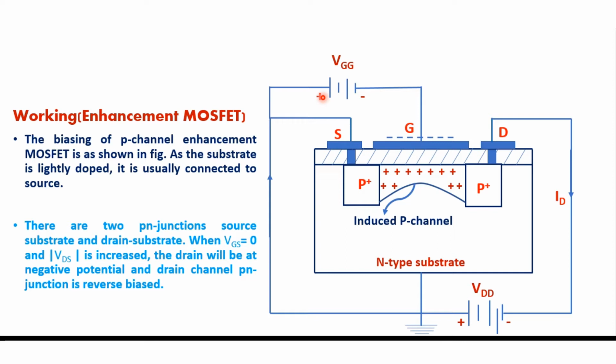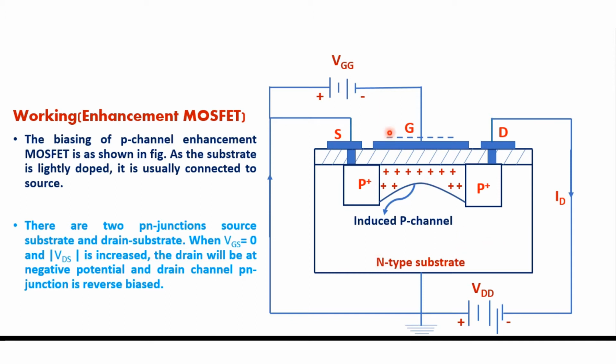Now what happens when the gate to source voltage is negative? When the gate to source voltage is kept negative, that is, the gate will be at a negative potential with respect to this particular source, and the substrate is connected to the source, the gate layer will be negatively charged.